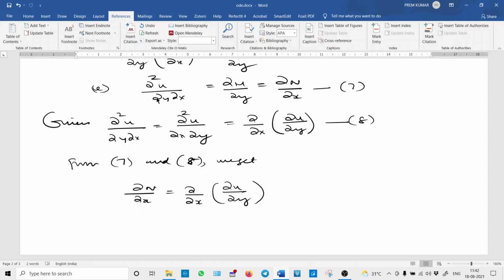Please see, both the left hand sides are the same, so these two must be equal. That is what we get from 7 and 8. This is the 9th equation.